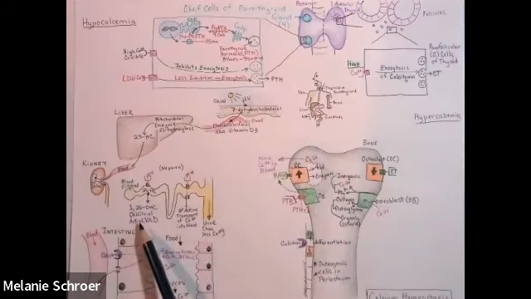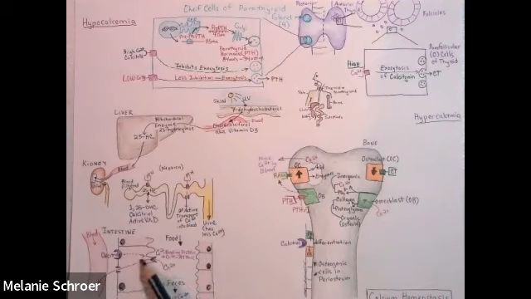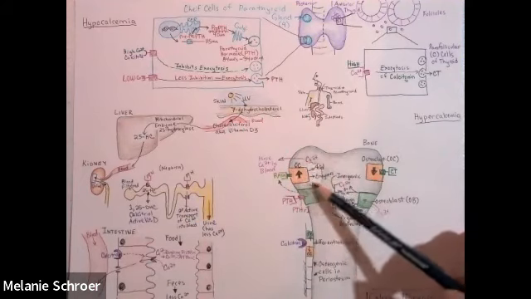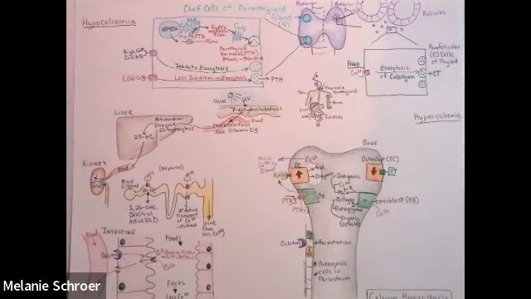PTH is going to increase the calcitriol or active vitamin D levels within the blood. It is going to increase calcium reabsorption from the kidney. It is going to increase calcium absorption from the intestines into the blood, and it is going to increase bone breakdown, right? And therefore liberation of calcium to once again increase calcium in the blood.